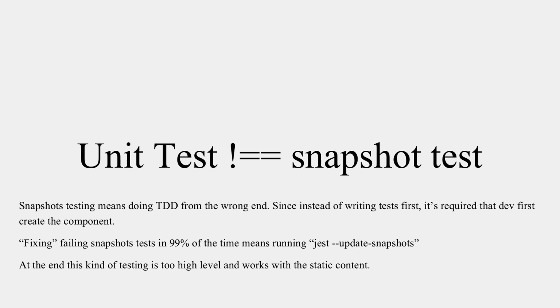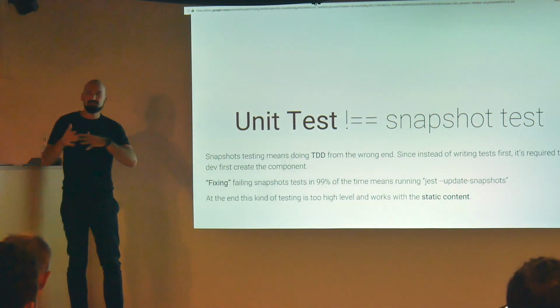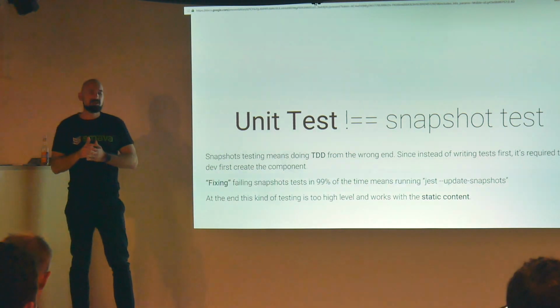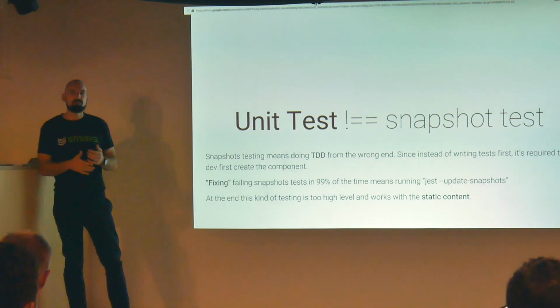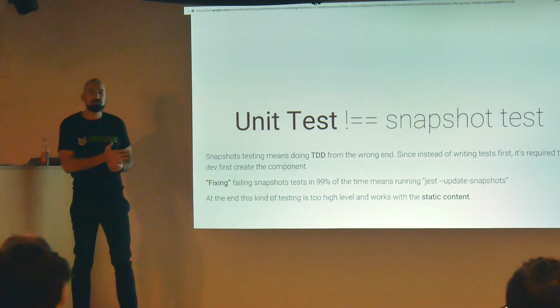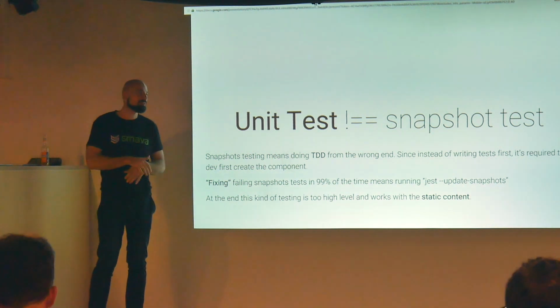So snapshot testing means doing test-driven development from the wrong end. It means that you need to develop your component and then you're going to test it, which is, I mean, by nature broken. And if you want to fix something, most of the time people make a change and then the PR checker or the pre-commit hook says, oh, the tests are failing, and what they do, they don't even check anything.